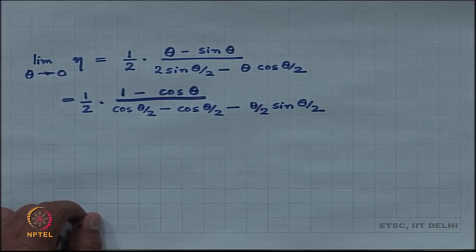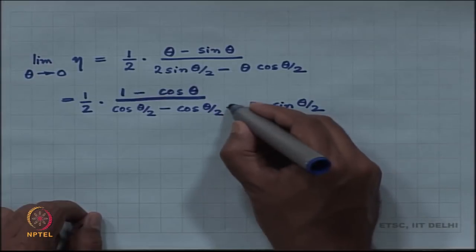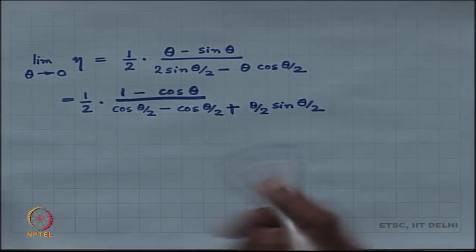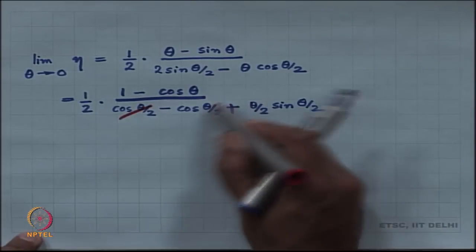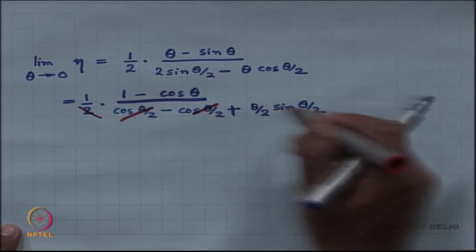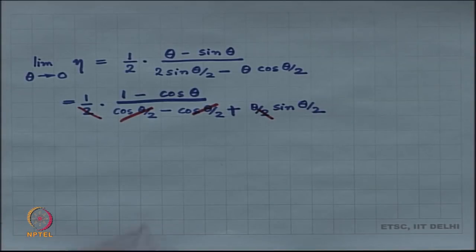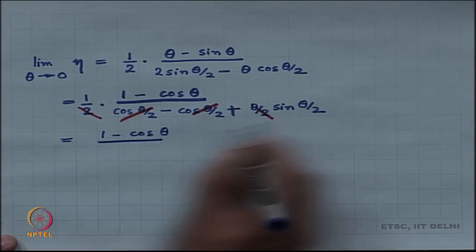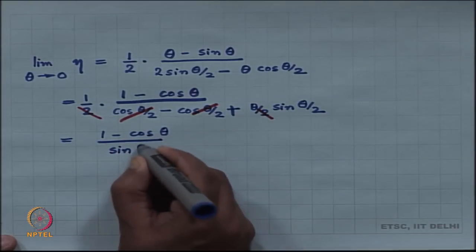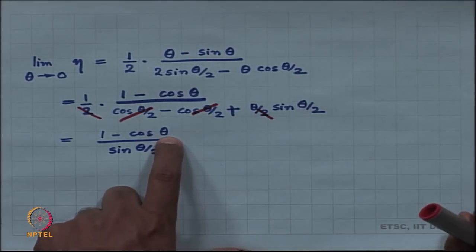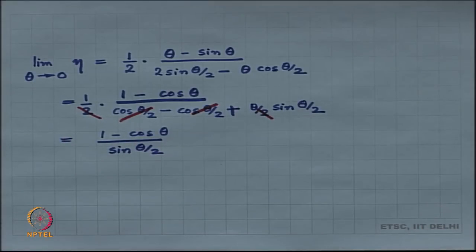And these cos theta by 2's cancel out. This by 2 also cancels out. And you again plug in theta equal to 0, and you see that you have still got a 0 by 0, which is still not good enough. So, you do the derivative again.